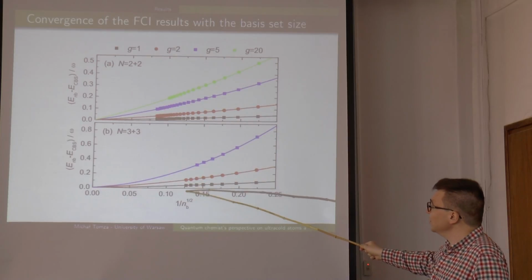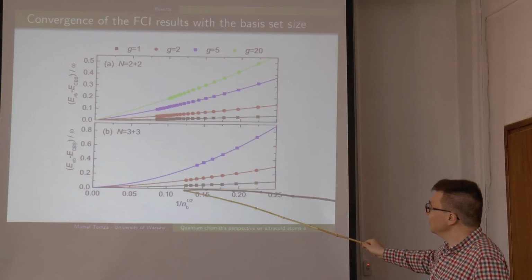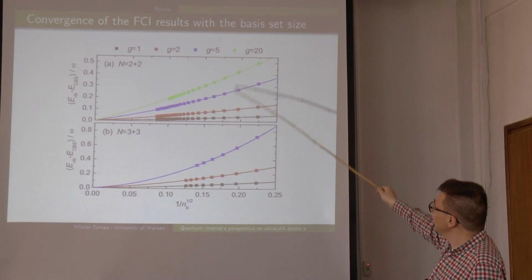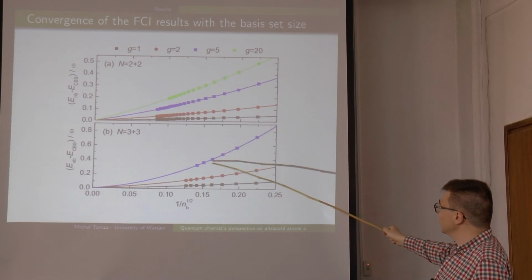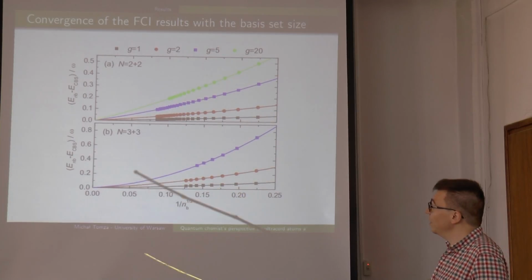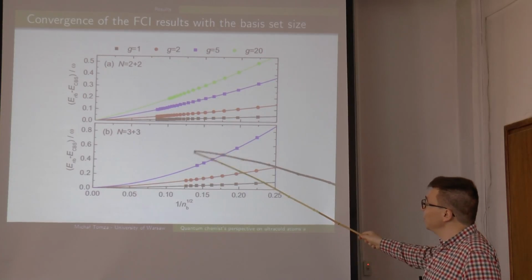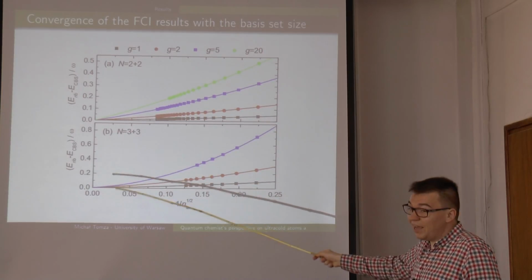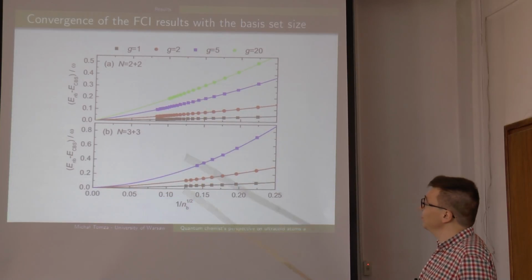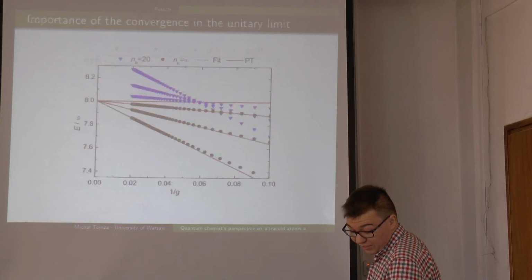For this calculation, a single point took like 2 or 3 days, and we can see that for relatively large or even intermediate interaction strengths, the error can be as large as a part of omega, the harmonic frequency. So it means that the error can be quite large. And then applying the interpolation formula that we found can really improve the convergence and improve the results.